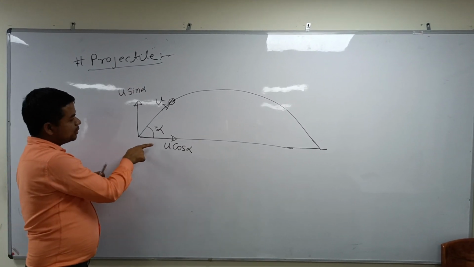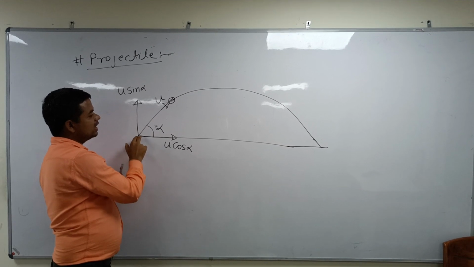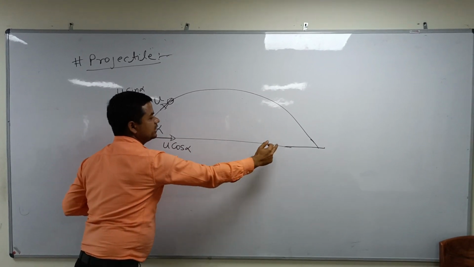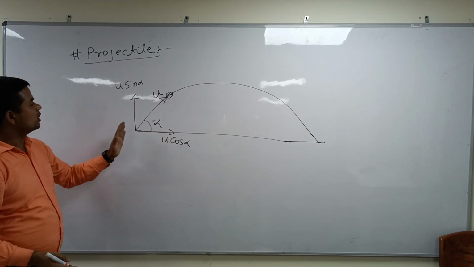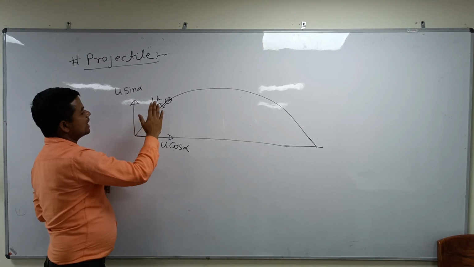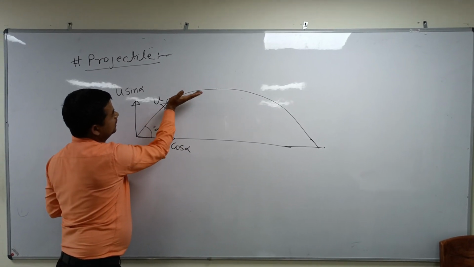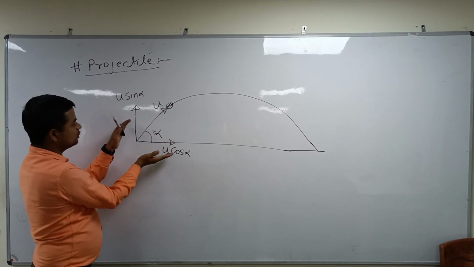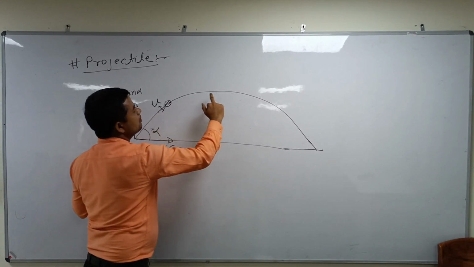Due to the horizontal component, the particle moves in the horizontal direction and covers a horizontal distance. Due to the vertical component u sin alpha, the particle moves in the vertical direction. Due to the combined effect of these two components, the particle moves on a parabolic path.